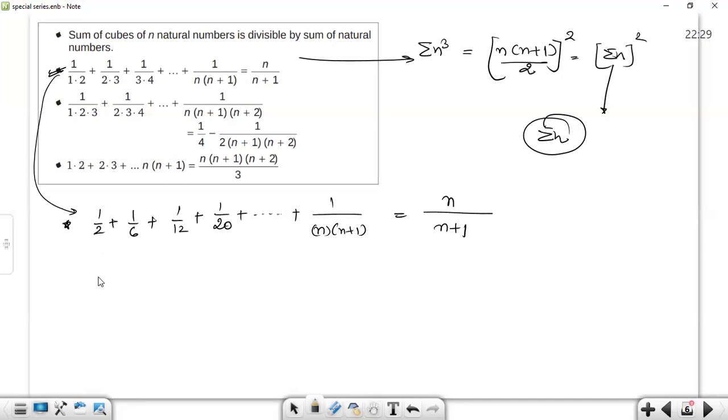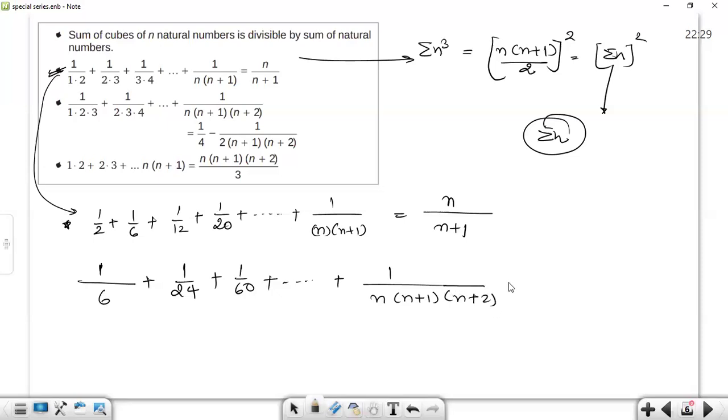Coming over to the next: 1 divided by 6, divided by 24, that is 3 into 4, 12 into 5, 60. Similarly, the nth term should be given by 1 by 4 minus 1 divided by 2 into n plus 1 into n plus 2.